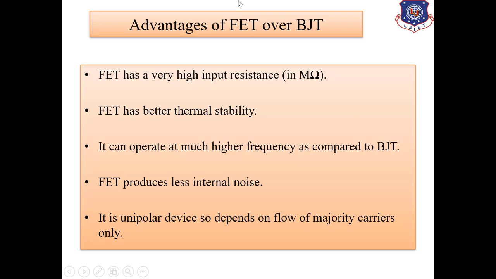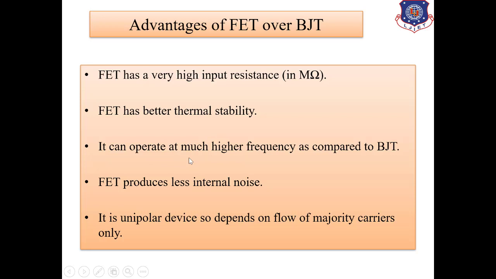First of all, we will have to discuss what are the advantages of FET over BJT. FET has very high input resistance in mega ohms, so noise can be filtered out at the input side. FET has better thermal stability, that means it is insensitive with respect to temperature.